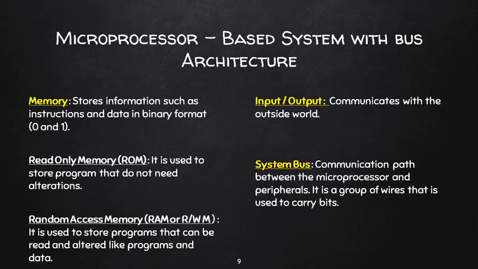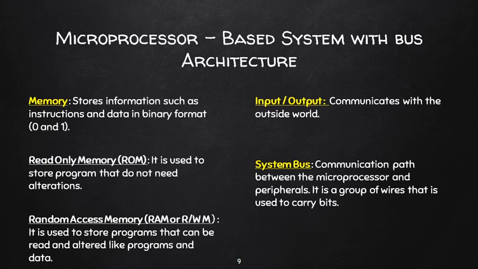The next block in the block diagram is the memory. What is memory? It stores binary information as instructions and data and provides that information to the microprocessor whenever necessary. To execute a program, the microprocessor reads instructions and data from memory and performs the computing operations.